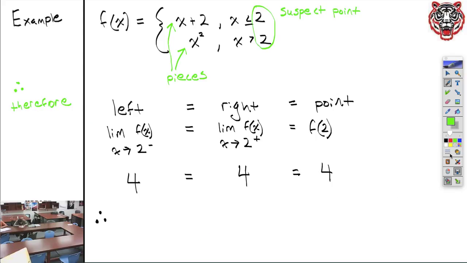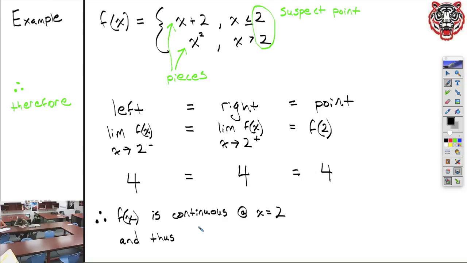So therefore, f of x is continuous at x equals 2. And the second line, and thus, because that was the only suspect point, there were no other suspect points. So if that one suspect point has been taken care of, it's continuous everywhere.